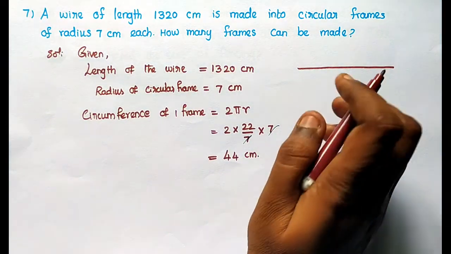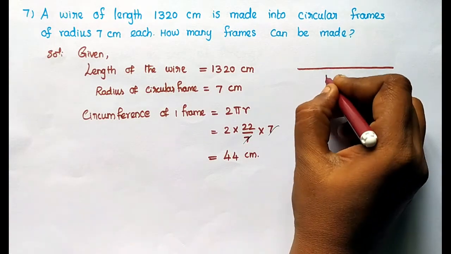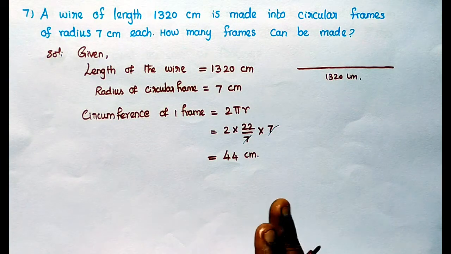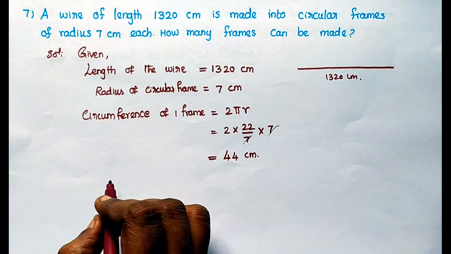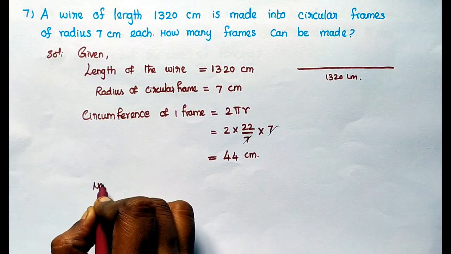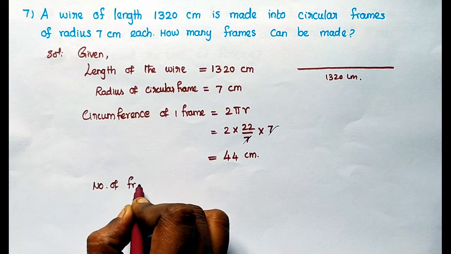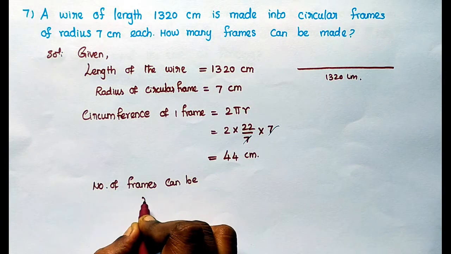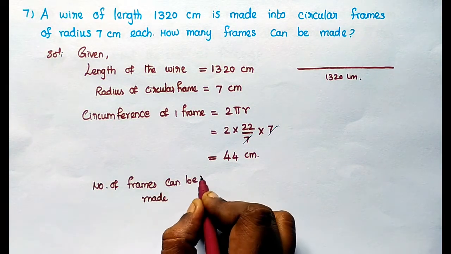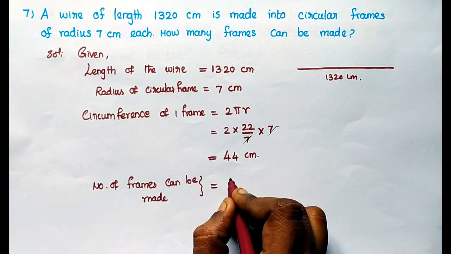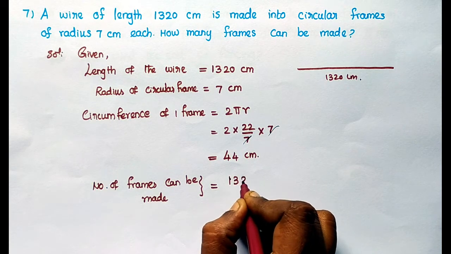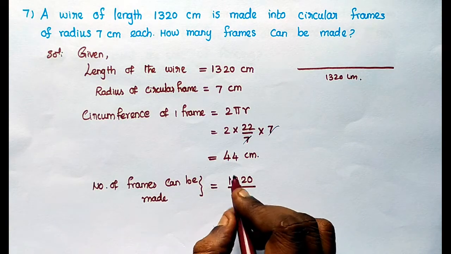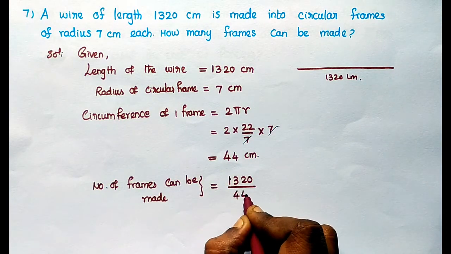Now the total length is 1320 centimeter. So how many frames can be made? That is the question. So number of frames can be made means 1320 divided by what number? 44. That is the circumference.